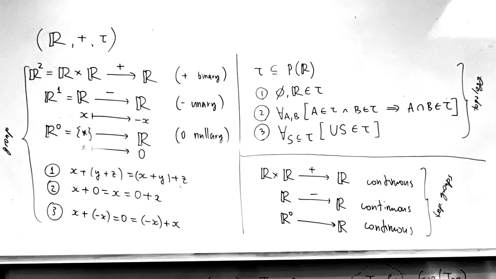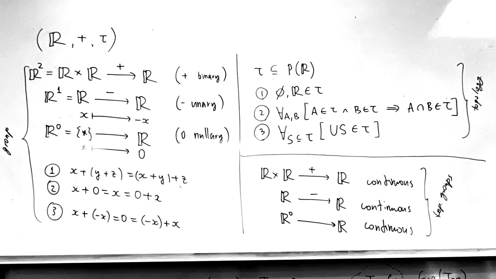And because of this, we say that plus is a binary operation. Minus is unary. And 0 is nullary. Of course, there are some axioms that these operations must satisfy.